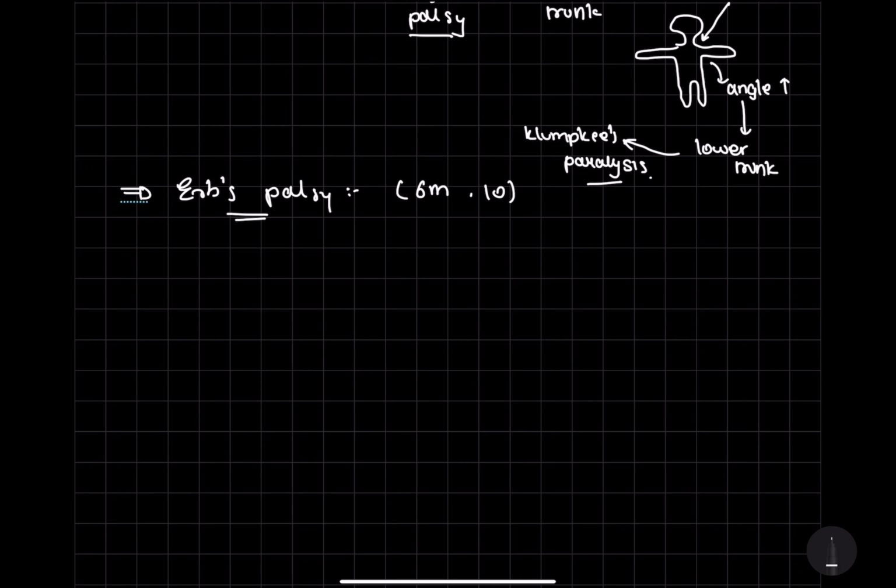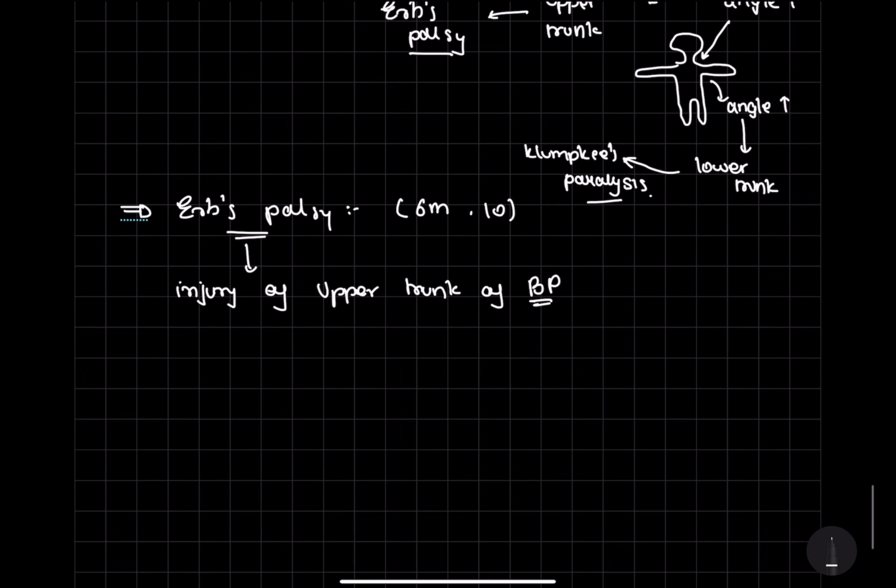Okay, so what I told you, that Erb's palsy, it is an injury of the upper trunk of the brachial plexus, and more precisely Erb's point.